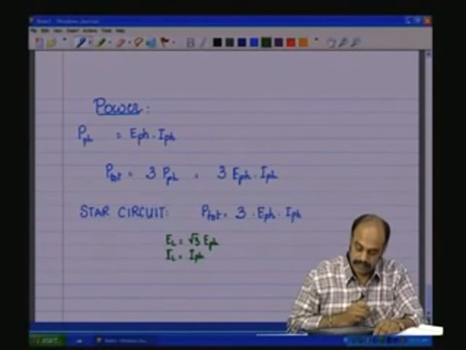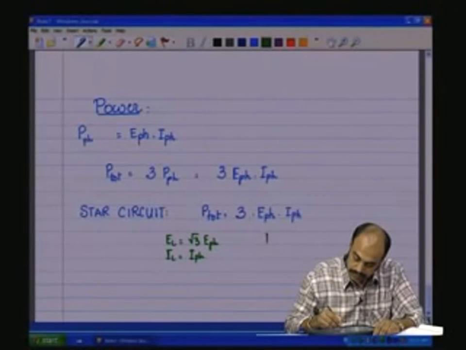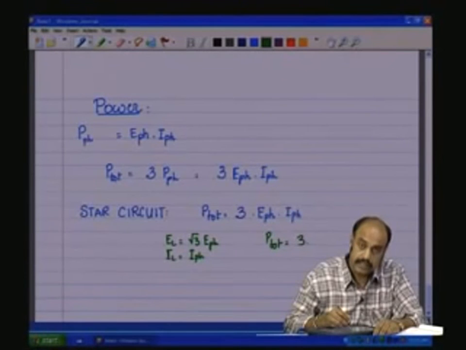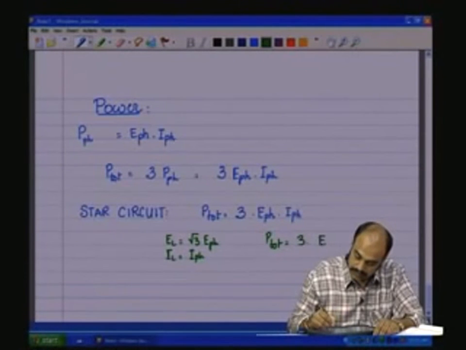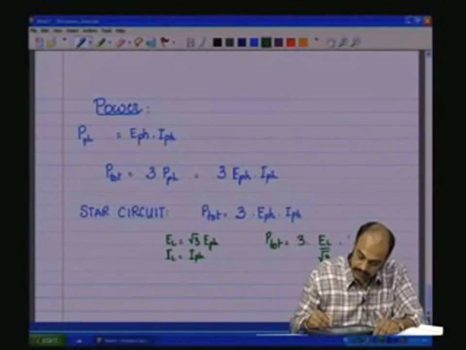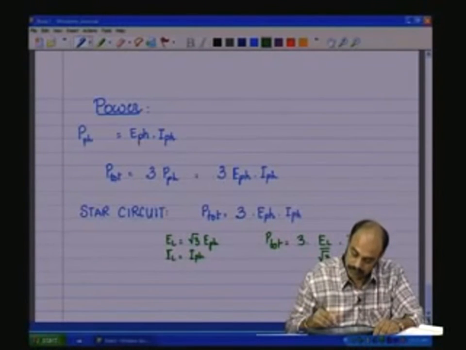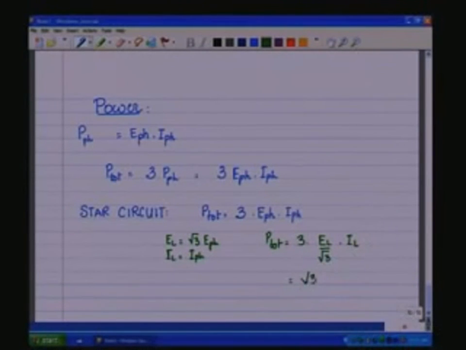So, substituting these here, you have P total is equal to 3 into E phase, which is E L by root 3, I phase is same as I L, therefore, we put it as I L. So, which is root 3 E L I L, that is the total 3 phase power. Root 3 line to line voltage into line current.